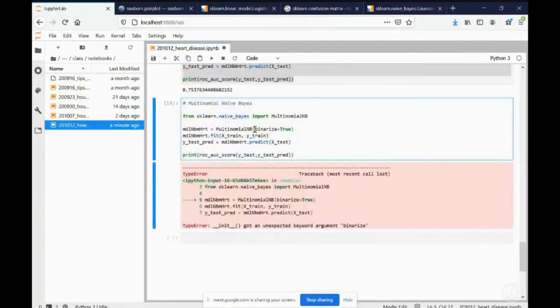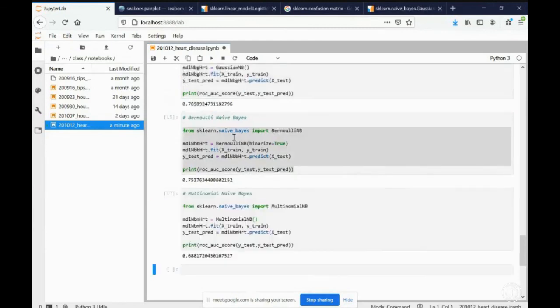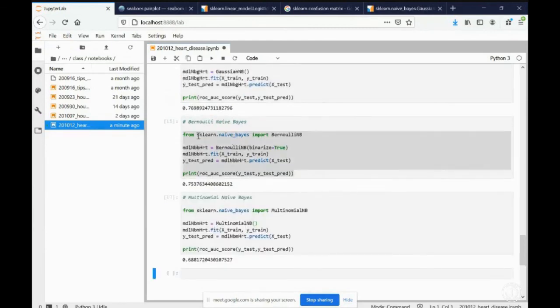Okay, so this cannot binarize, of course, so it doesn't know what to do with that. All right, so multinomial gave you a lower score. So the best one is the Bernoulli. But sometimes it requires all the values to be non-negative.